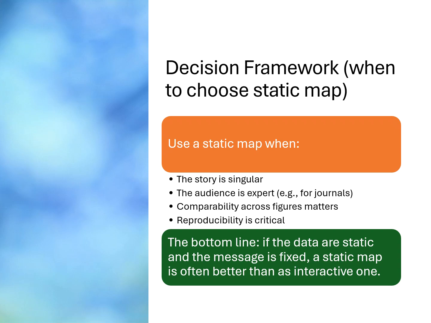That's a different scenario, but in most cases, survey data is one time, or census data is every 5 years or 10 years, depending on which country census data you're talking about. Those are examples of static data sets, and then you want to see what message. If the message is fixed, the static map is often better than an interactive map.